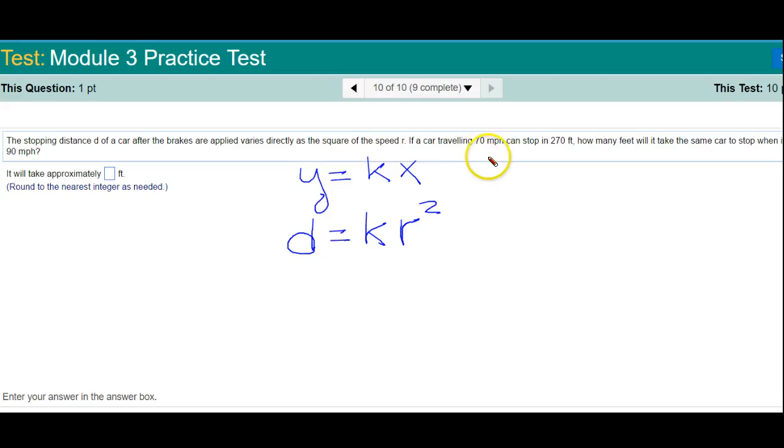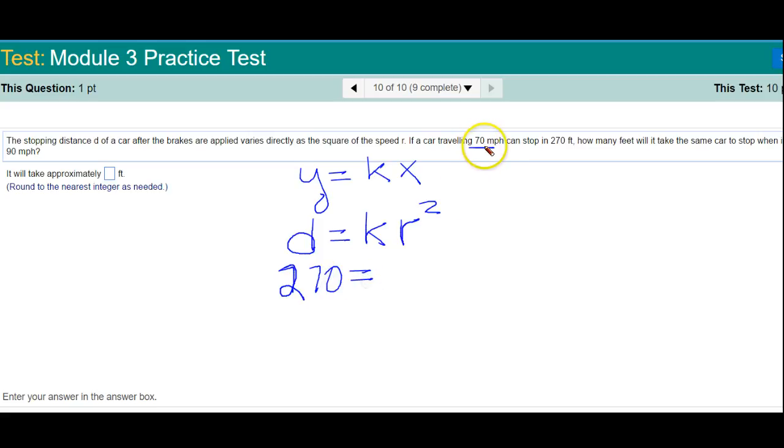So the first thing you'd have to do is take your information, 70 miles per hour. Well, we need distance first. So that's going to be 270 feet.